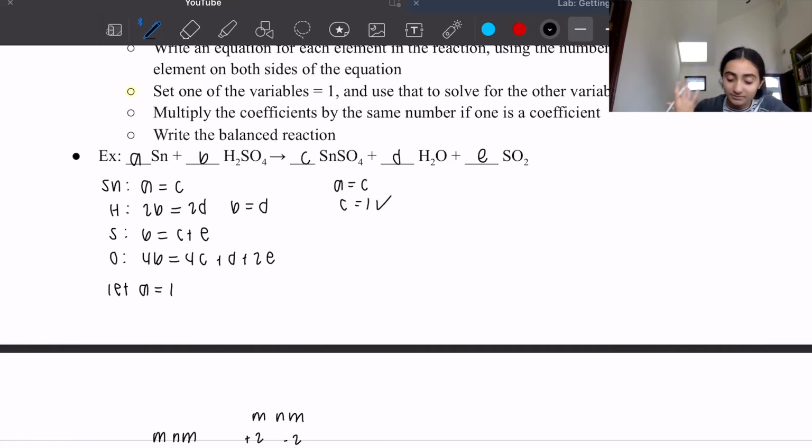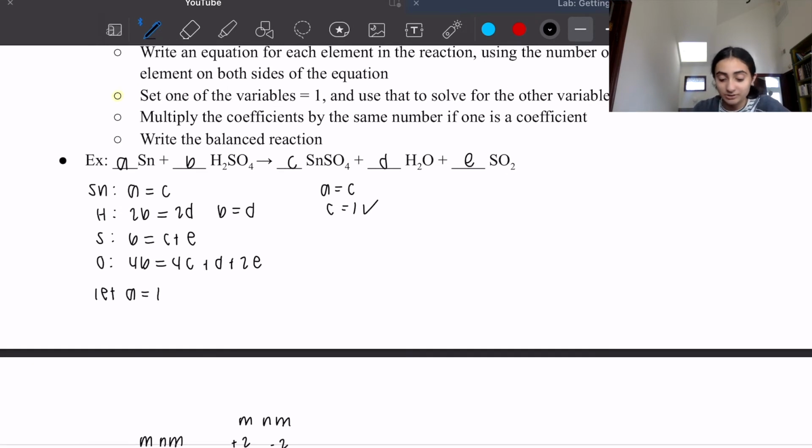So next I would maybe think to go to the S equation for B equals C plus E, but I don't have B and I don't have E. However, I have an equation that says B equals D, and I have an equation that incorporates all four of those variables. So I'm going to do some substitution and use my equation that says B equals D in order to get rid of the D variable in the fourth equation.